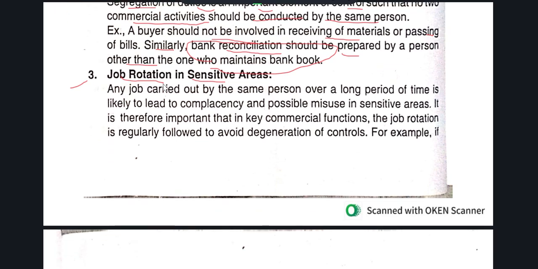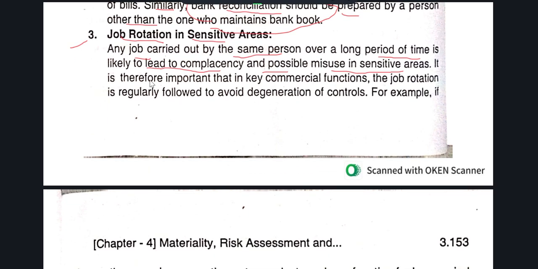Job rotation in sensitive areas. Any job carried by the same person over a long period of time may lead to complacency and possible misuse of a sensitive area. If one person is there for a long period of time, he may misuse his power. Therefore it is important that key commercial functions follow regular job rotation to avoid degeneration of control.